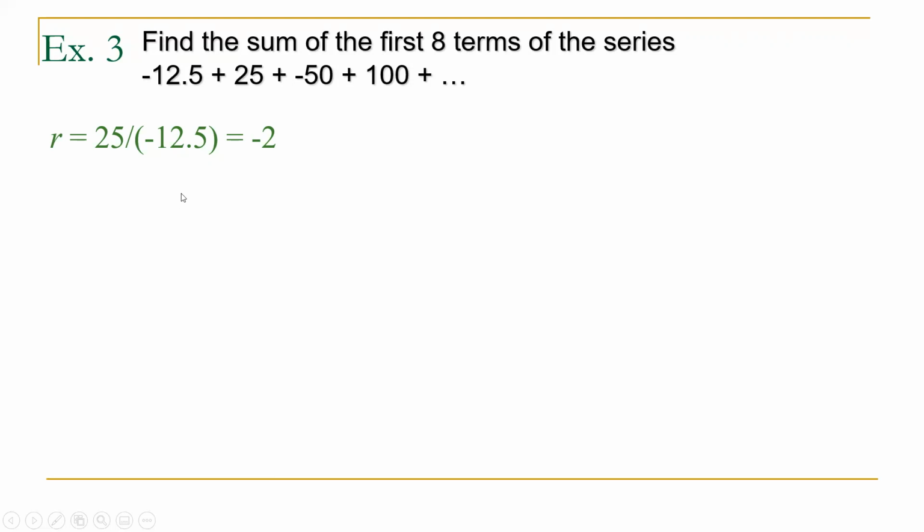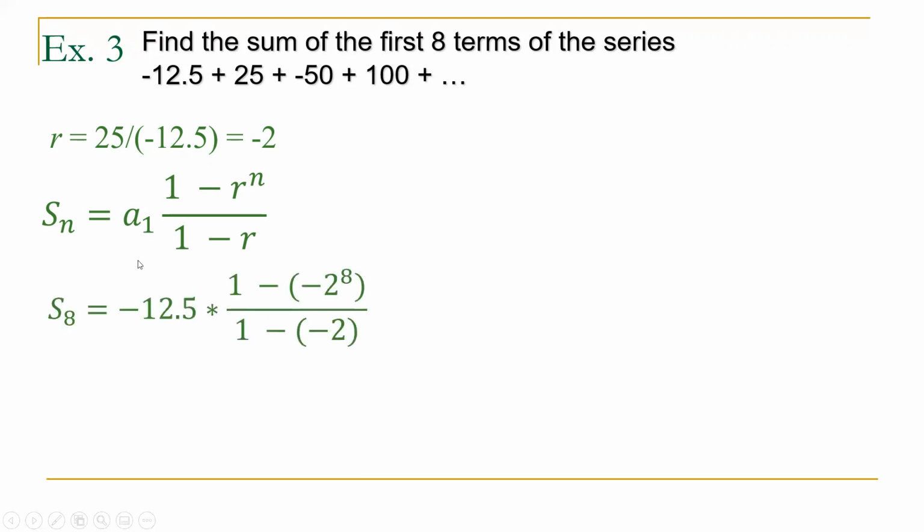Okay, so meron na tayong values, i-substitute na lang natin sa formula. So we have S sub n is equal to A sub 1 times the quantity of 1 minus r raised to n all over 1 minus r. So magiging form niya for A sub 1 or the first term, we have negative 12.5 times 1 minus the quantity of negative 2 for the common ratio raised to 8 because first 8 terms yung hahanapin nating series. And then 1 minus negative 2.